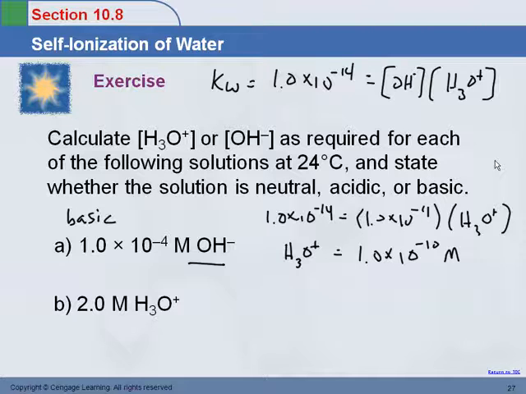In solution B, I have 2.0 molar H3O plus. So that means we're solving for the hydroxide ion. So 1.0 times 10 to the negative 14th, here's my base equation here. Hydroxide ion concentration, which I don't know, and 2.0 molar.